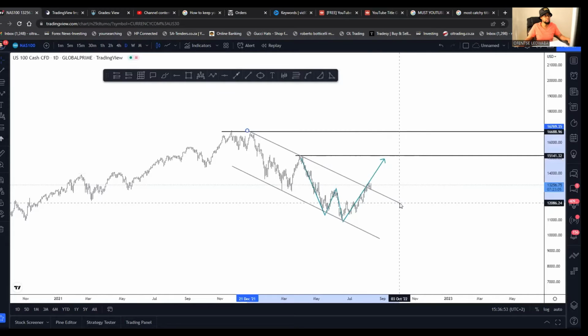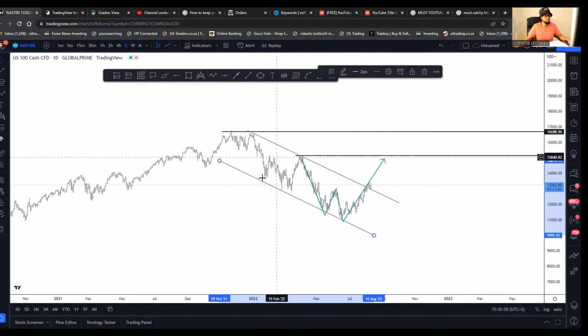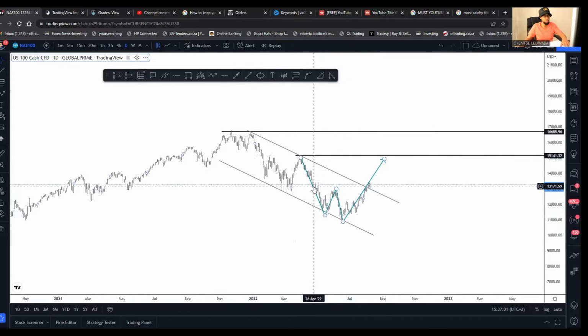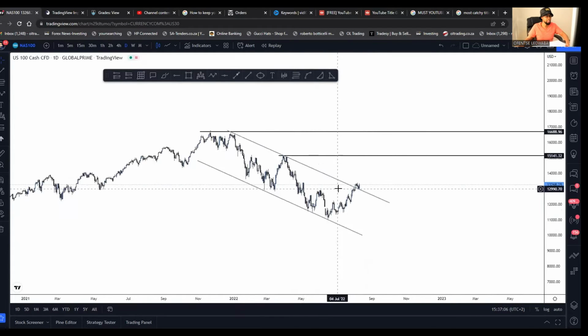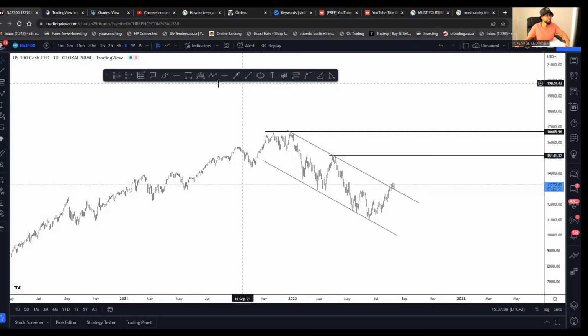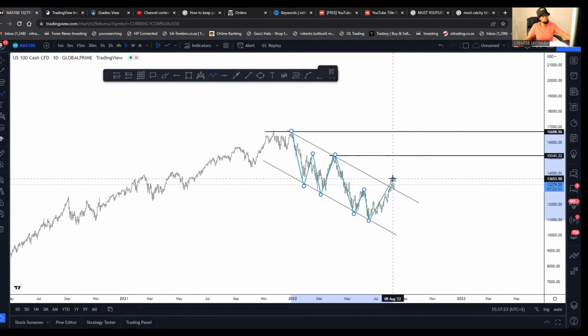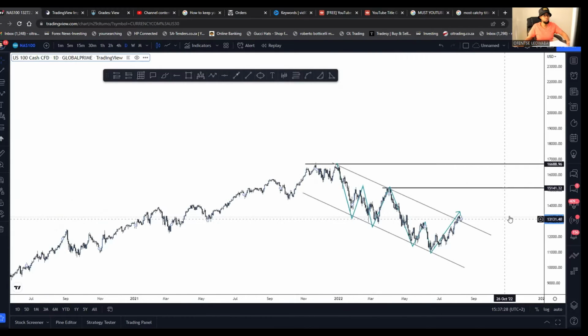So you can see the overall downtrend that was within these areas has been broken, and now there was a retest here. Look at what is happening. This was the downtrend, and when it touched here, respecting these lines, it broke out of the structure, out of this chart pattern.